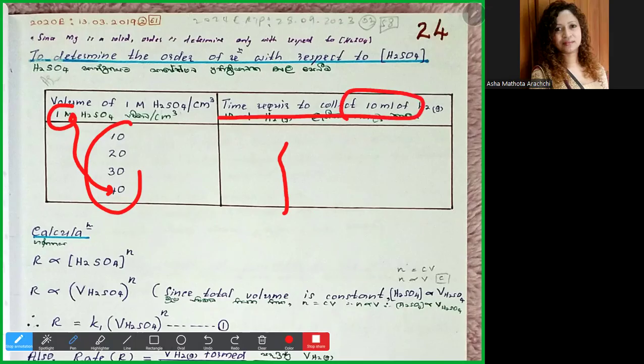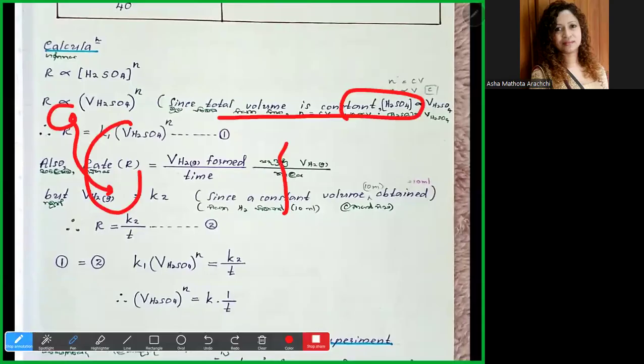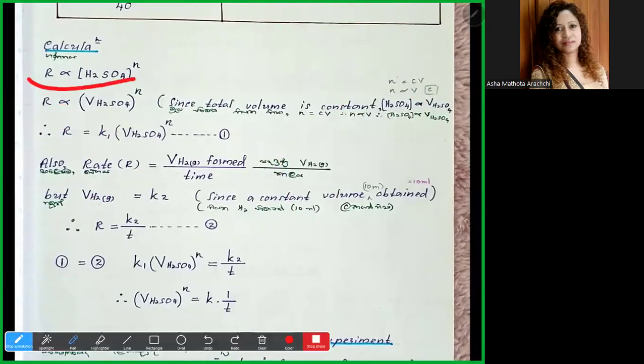Understood? Okay, then how do we go with the calculation? Rate is proportional to H2SO4 concentration to the power n, because magnesium is a constant solid, so the only reactant is H2SO4. Let's say the unknown order equals n.